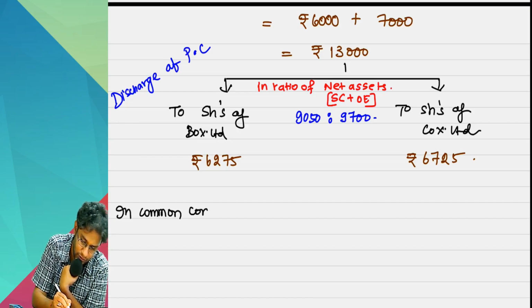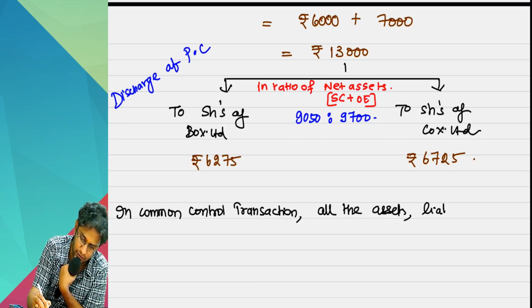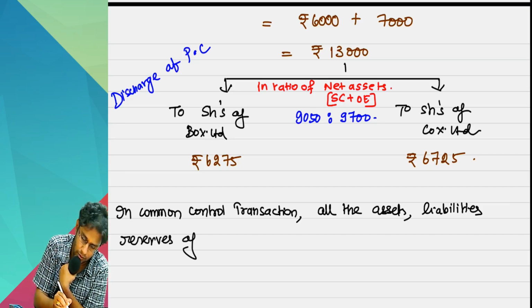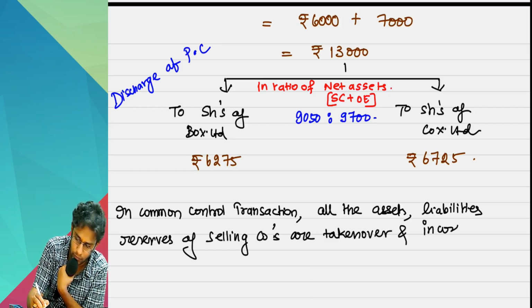In common control transaction, all the assets, liabilities, reserves of selling companies are taken over and incorporated.